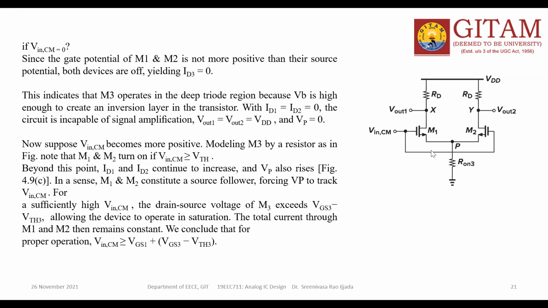This VP, I already told you, is nothing but VGS minus VTH, because for the third device, this point is VDS.